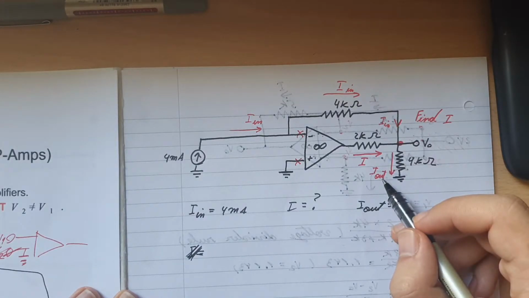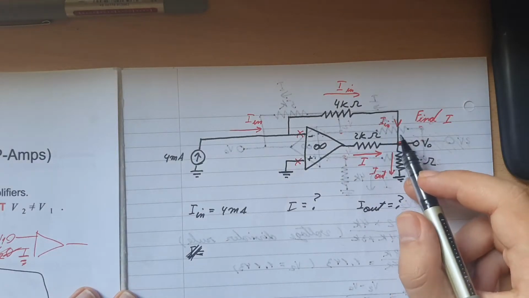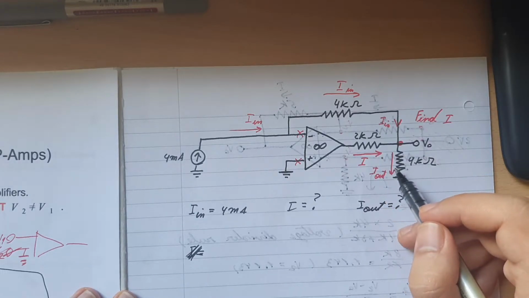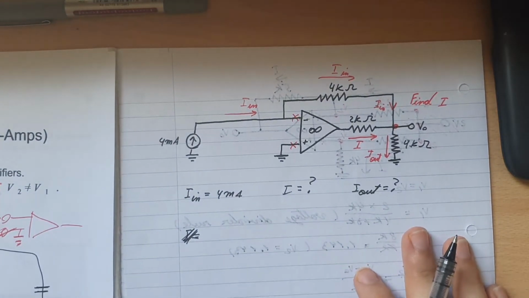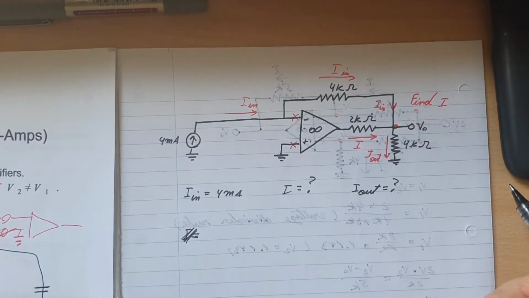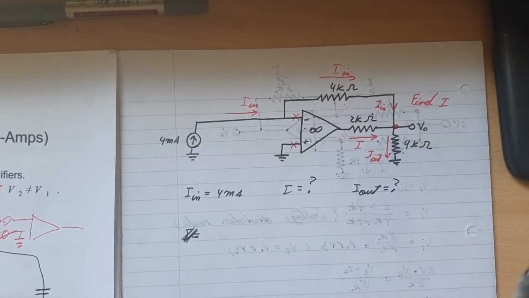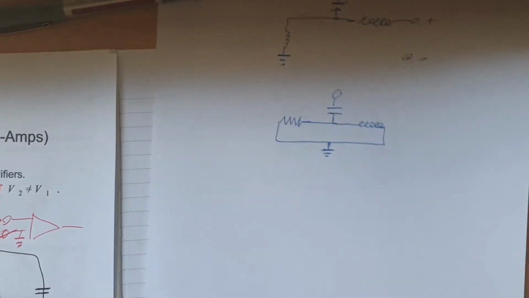So if we knew I out, we could have applied it in reverse to find I, but we don't know I out, so we can't apply it in reverse. Okay, that makes sense. Sorry, I thought we could apply the current divider rule, but no, because the current goes in different directions. Alright, let me get the page again that we used.